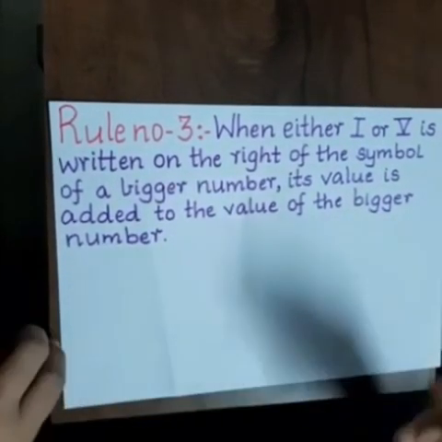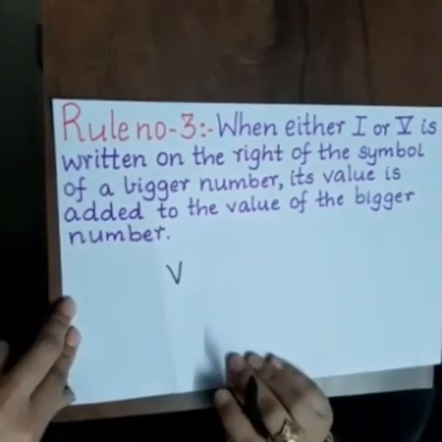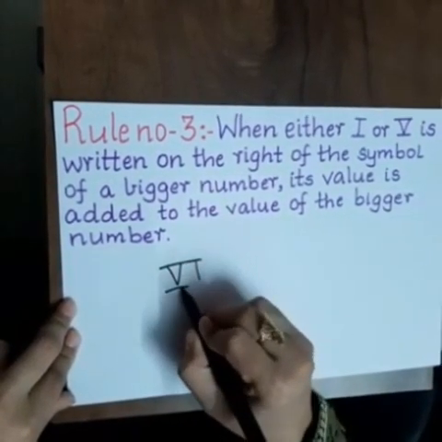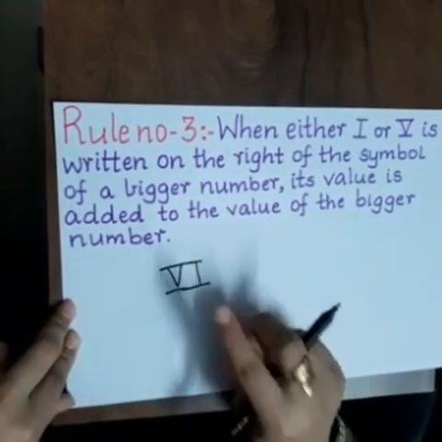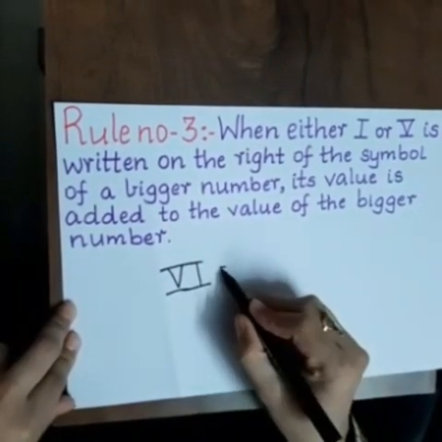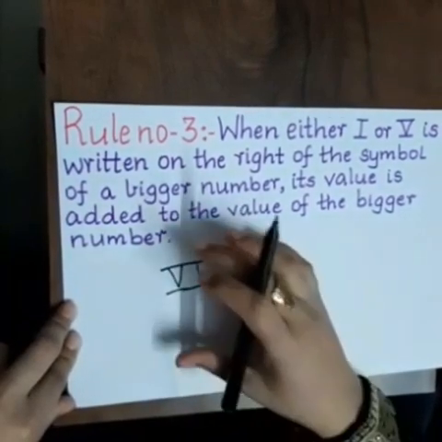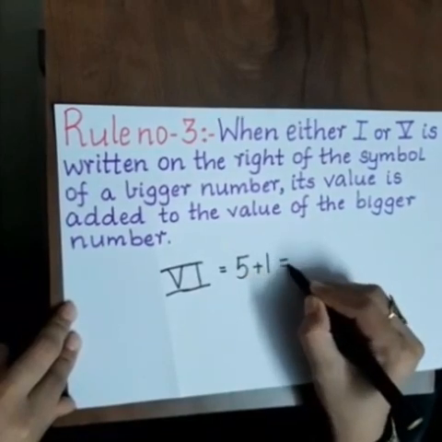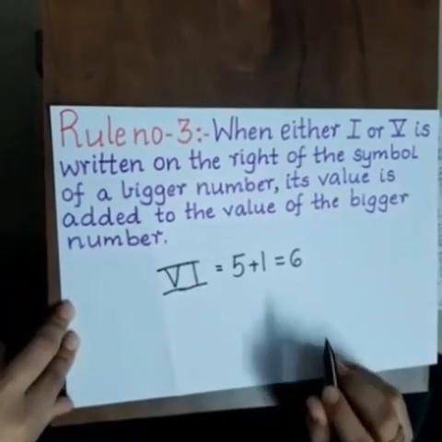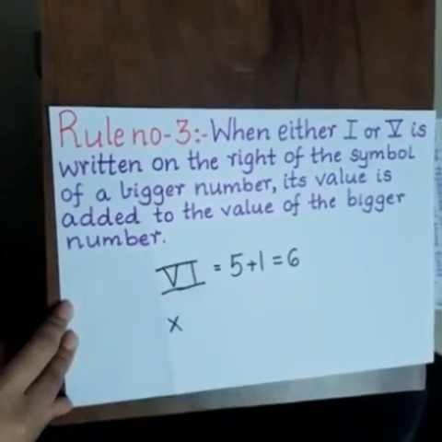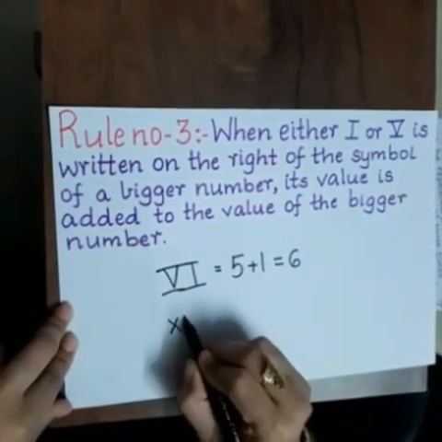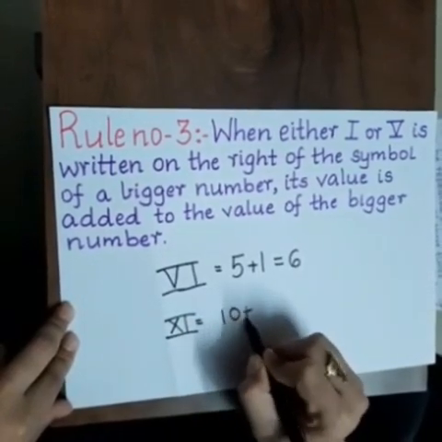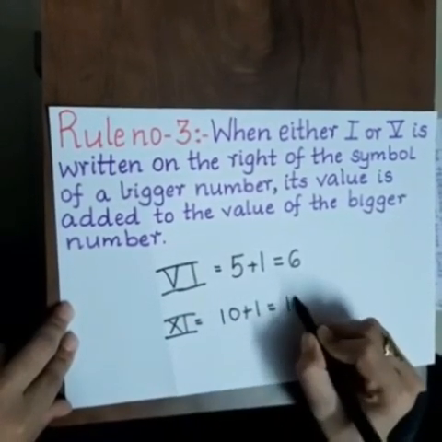Means if I take 5 and on the right hand side I take I, V is 5, I is 1. So the number will increase, it will become a bigger number. How? 5 plus 1, that becomes 6. Now if I take X and I add on the right side one number, that is 1, it becomes 10 plus 1 is equal to 11.